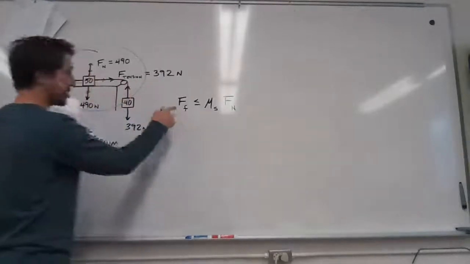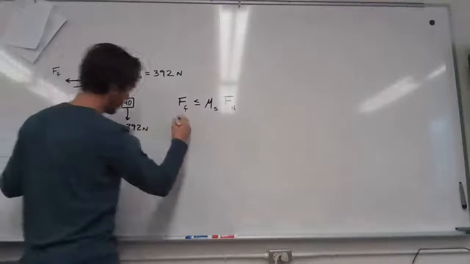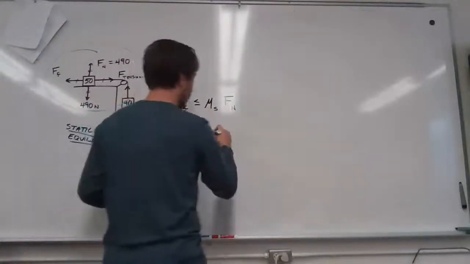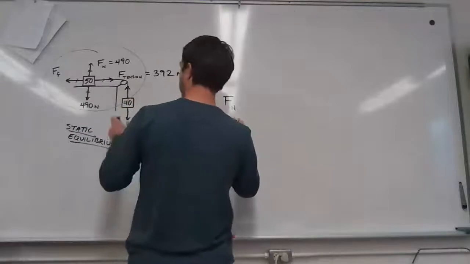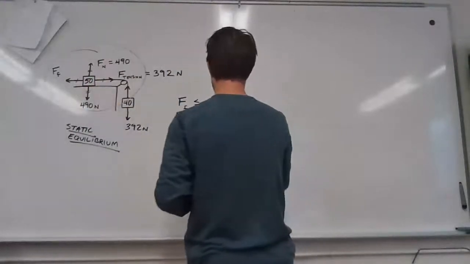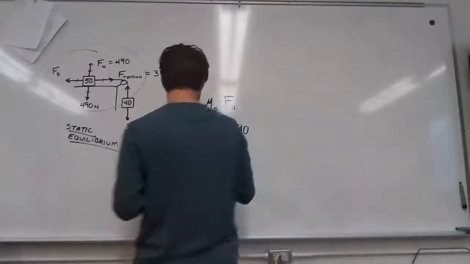And we know, how big is that number? It's got to be 392. Mu static's what we're trying to find. And the normal force exerted on this block is 490.